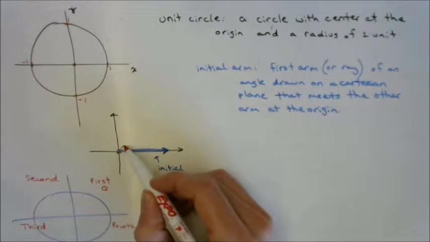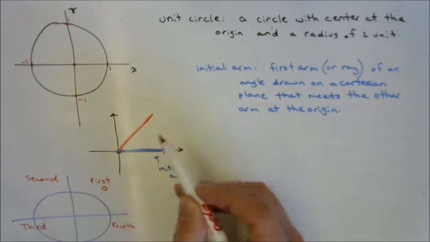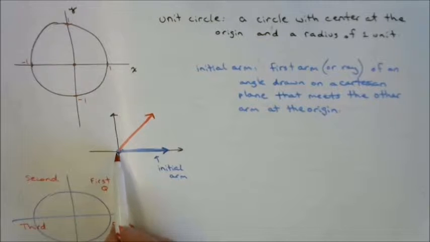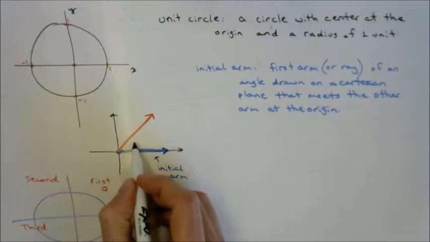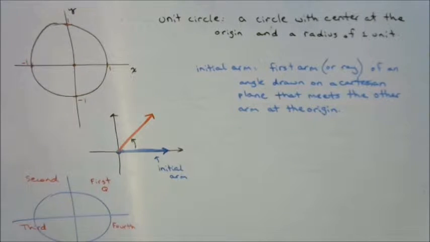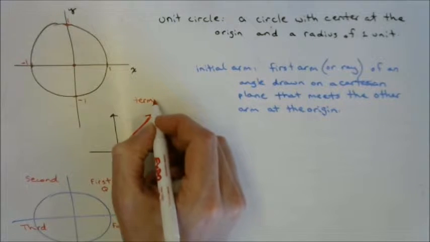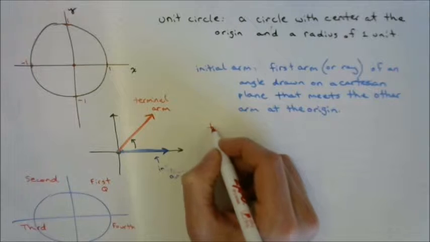So an angle will be made by the initial arm, which always goes along the horizontal axis, and it will end at the terminal arm. So we call this guy our terminal arm, and we can take a note.